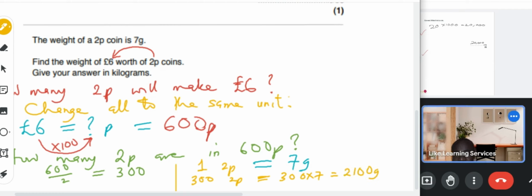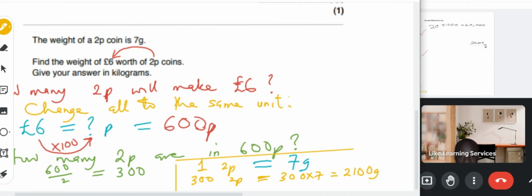That's correct. But you said we should give our answer in kilograms. So give your answer in kilograms. 2.1 kilograms. Beautiful, because you simply divided by 1,000.